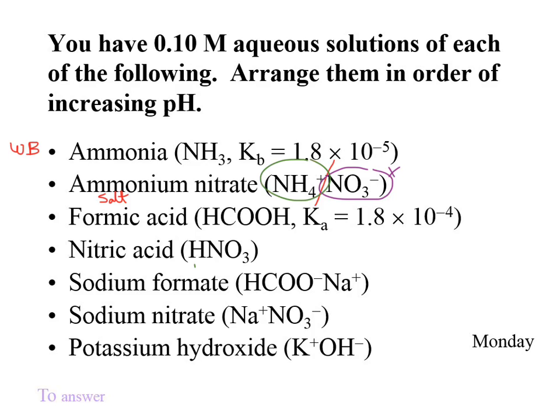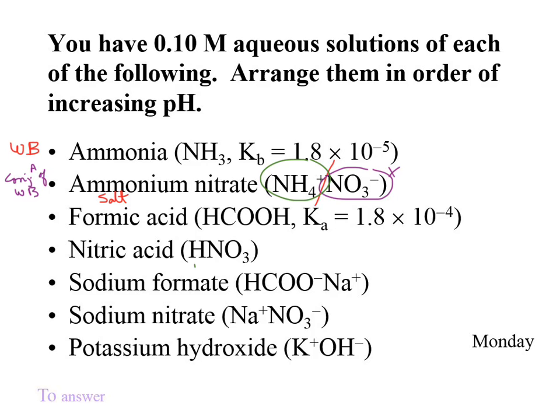The other thing, the ammonium salt, yeah, it's a possibility. Can NH4 plus kick off a hydrogen and form NH3 neutral? Yeah, it can. Okay? So I'm going to say that that is the conjugate acid of a weak base.